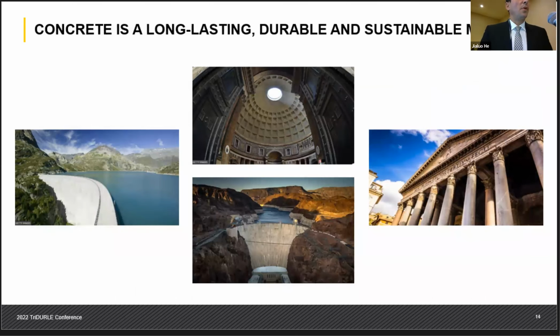It's important to understand that concrete as a material is long-lasting, durable, and very sustainable. There's no other material in the world right now that exists in that volume, with the versatility of getting everywhere in the world and building houses, bridges, and highways that can stand over 100 years.